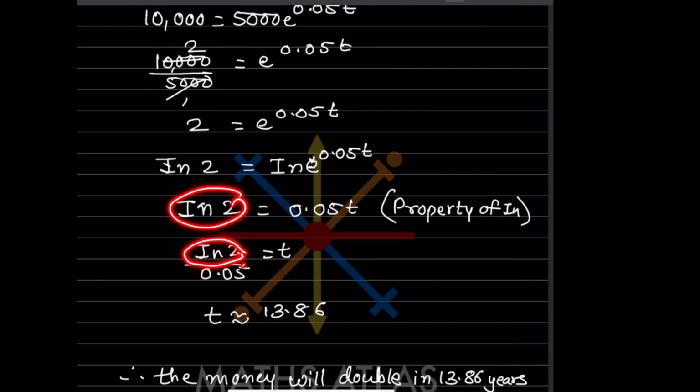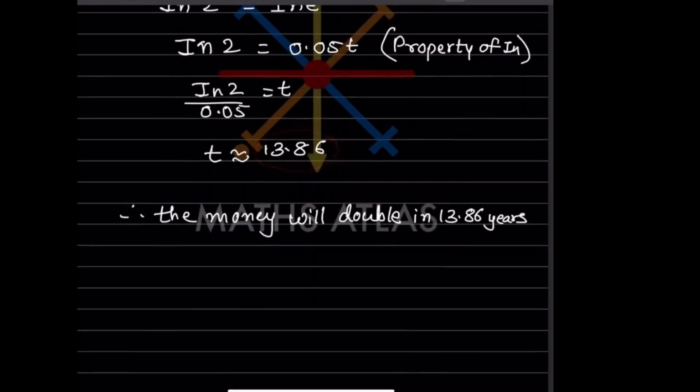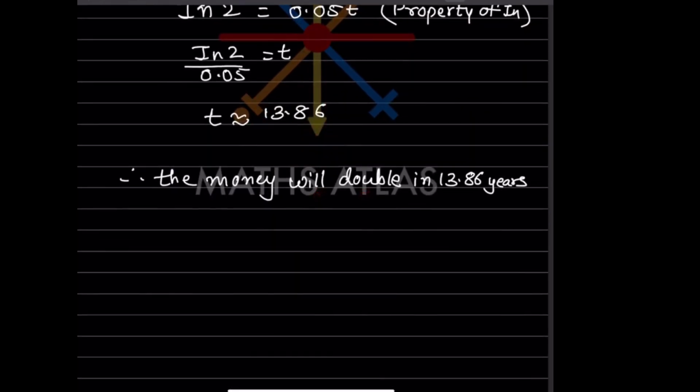This will be on the left hand side, so this is going to get divided, and we get t. Again you can see the value using your calculator. So the t value is 13.86. Therefore the money will double in 13.86 years.